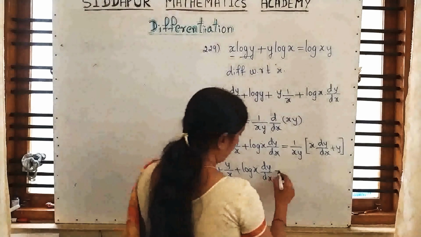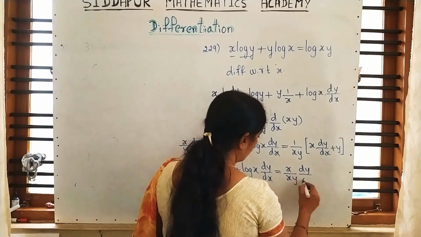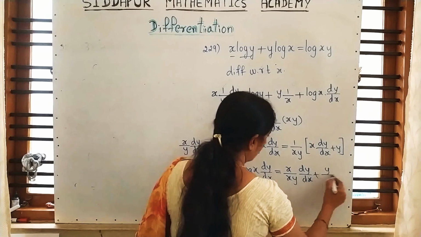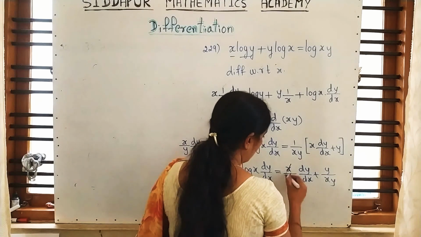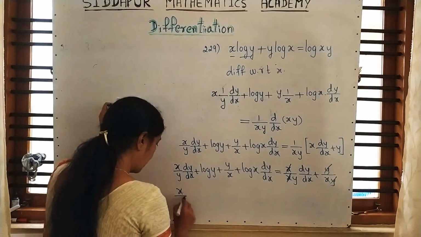Take 1 by xy in the bracket. Here x gets cancelled, here y gets cancelled. Write down the terms with dy upon dx on one side.